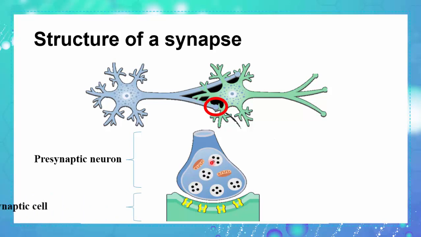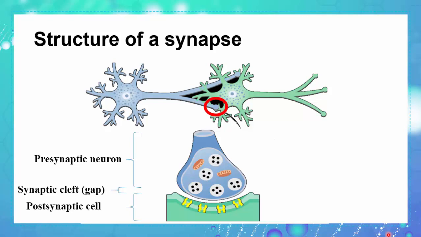The second one is called the postsynaptic neuron, and it refers to the second neuron or nerve cell. Between the two parts, I have a small gap called the synaptic cleft.